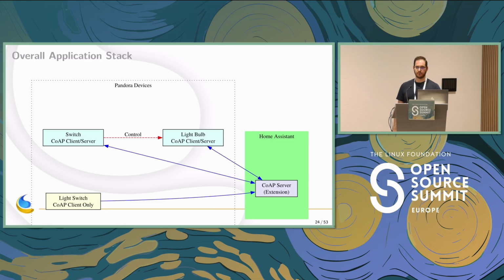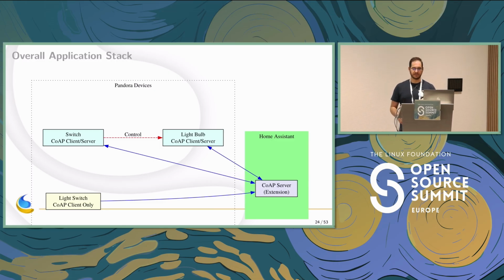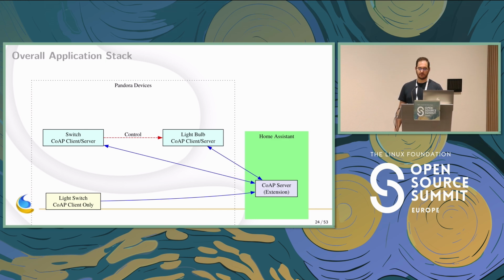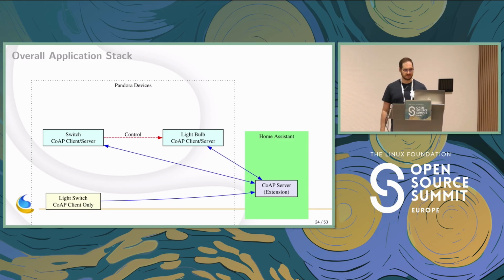The light will report its state, so now I'm on, to the CoAP server, and then Home Assistant will use the CoAP server to know that the light is now on, and show it in the dashboard. I use Home Assistant personally, but we could do the same for a different home automation system.